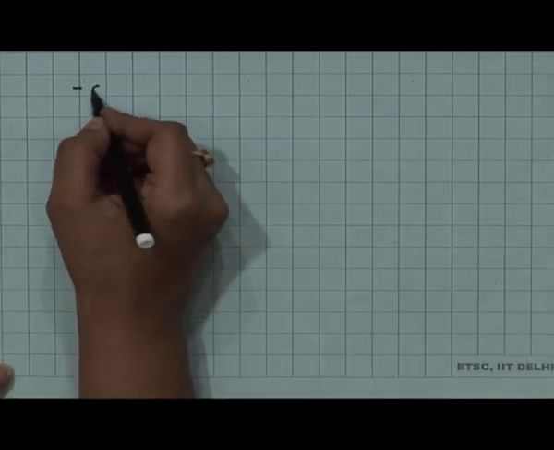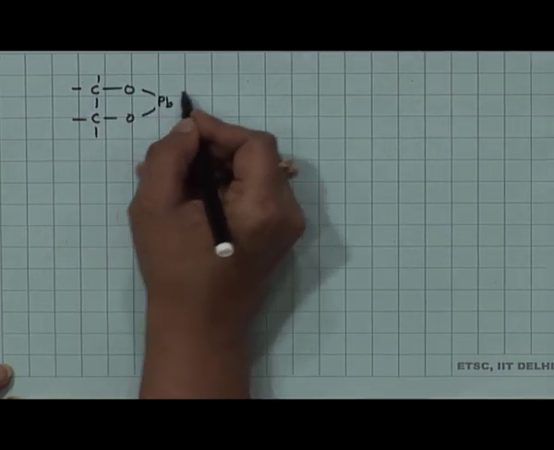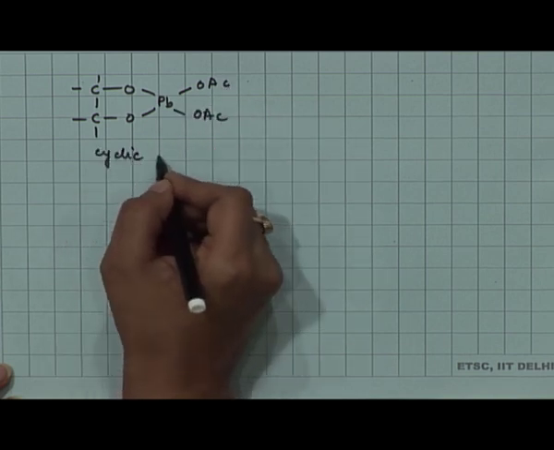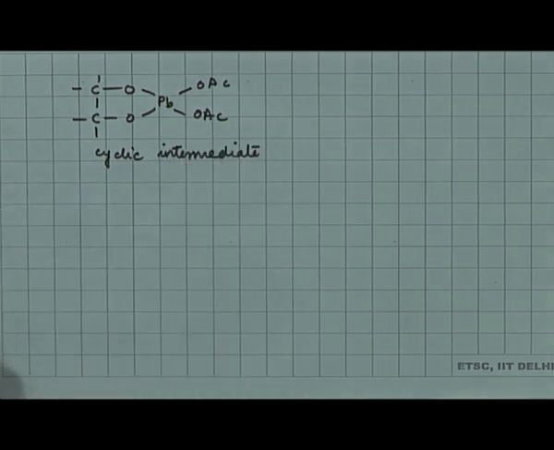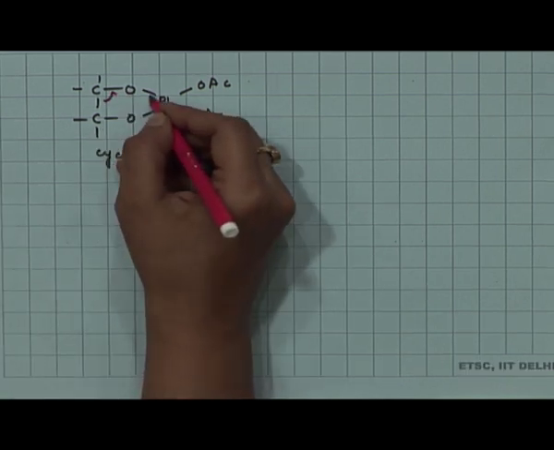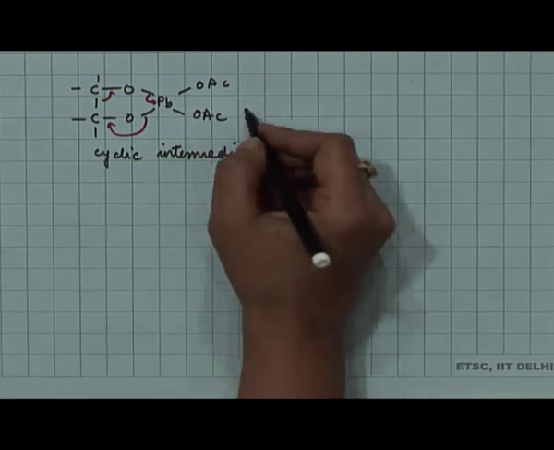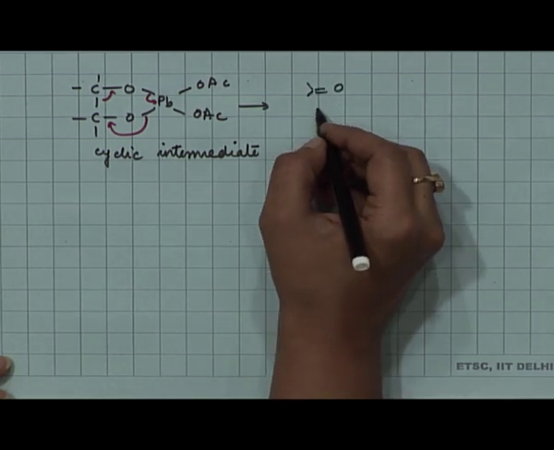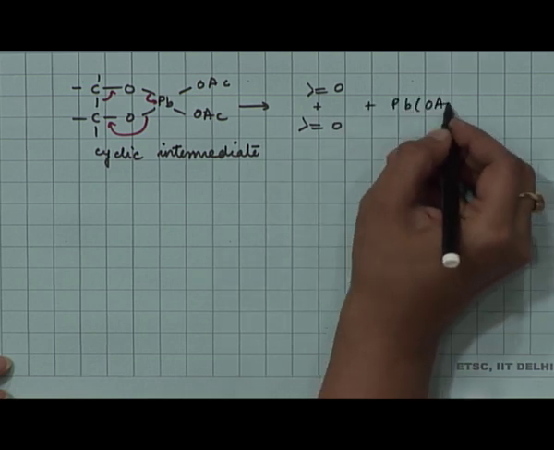So, another molecule of acetic acid is lost and we get now the cyclic intermediate, which undergoes decomposition, as was happening previously also with the iodate ester, and you end up with the mixture of your carbonyl compounds and generation of lead diacetate.